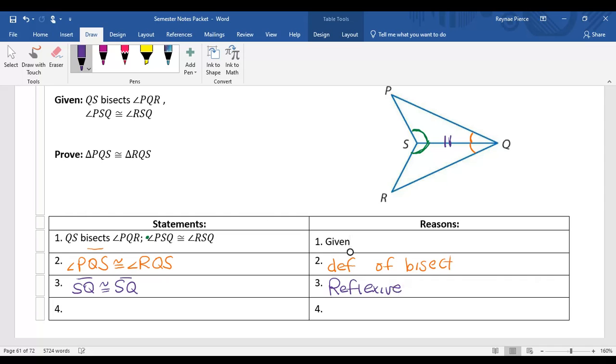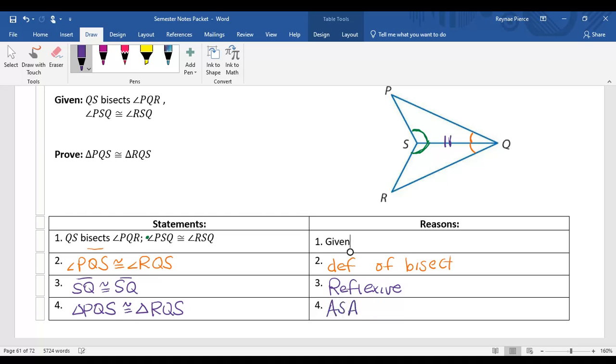Okay, which lets me say that my two triangles are congruent, triangle PQS and triangle RQS. Okay, and again, we've got two angles, angle PSQ to RSQ and PQS to RQS, and that included side. So that's our angle side angle shortcut.